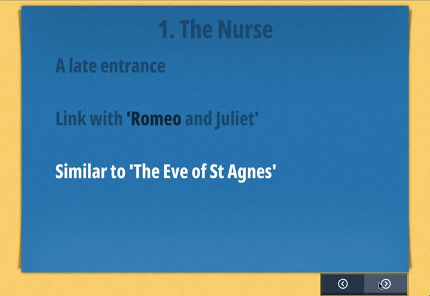But also, if you think about this nurse figure in relation to other texts like The Eve of St Agnes and Romeo and Juliet, you can see that there is this kind of tradition of these female figures who provide support, provide comfort, but also sometimes are easily manipulated and perhaps don't always do as well by their young charge as you might want them to.